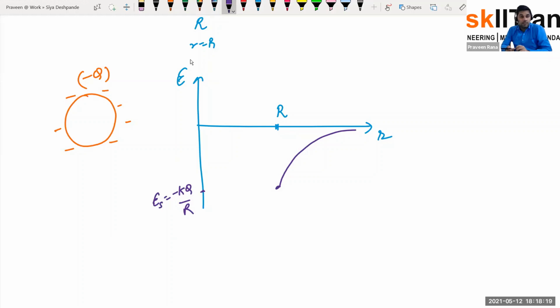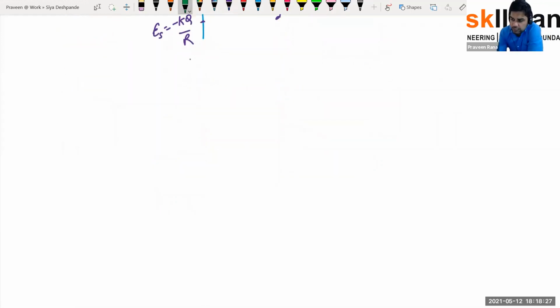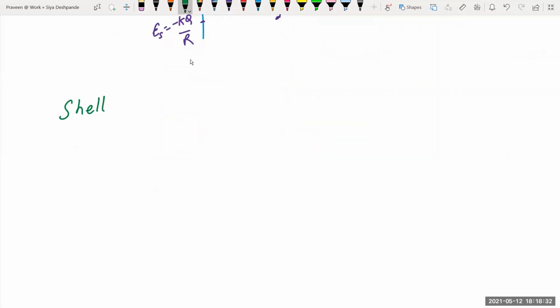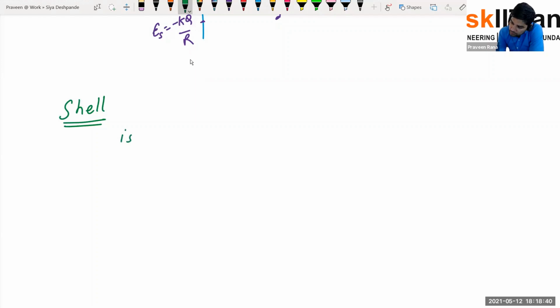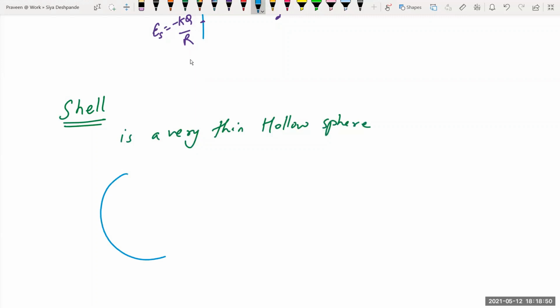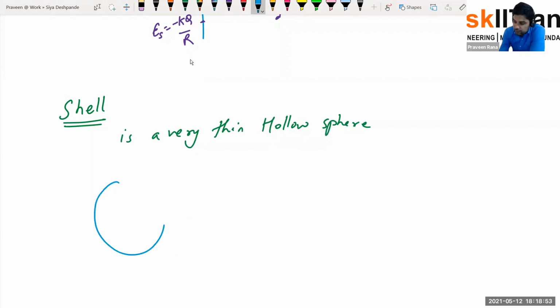So have you made this graph? Yes. Right. Now, what's a shell? What is it? Like a covering. A shell is a very thin hollow sphere. Like you have a solid sphere and then you made a cavity in it.